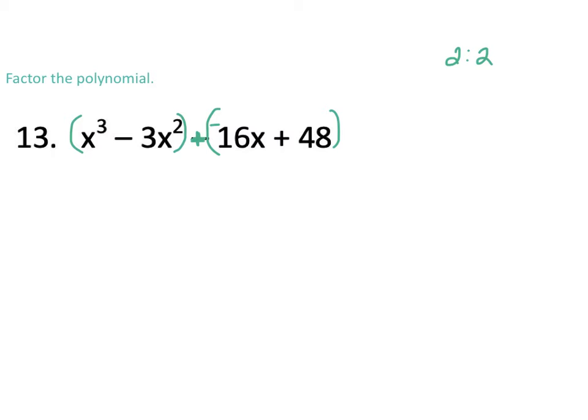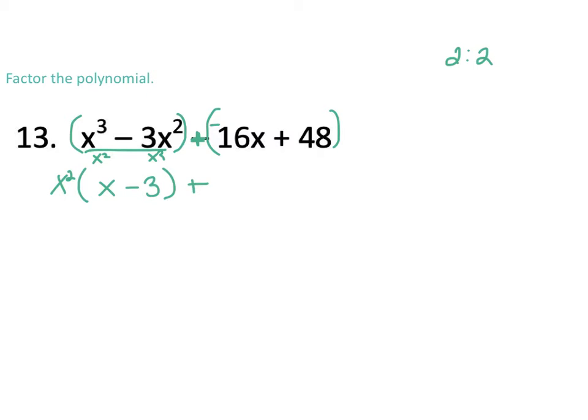All right, so why do I do that? Well, I'm going to just factor out my GCF multiple times. So I'm only looking at my first binomial, and I have at least an x to the second power in both terms. So I'm going to divide both by x squared, and when I do that, I'm left with x to the first minus 3.